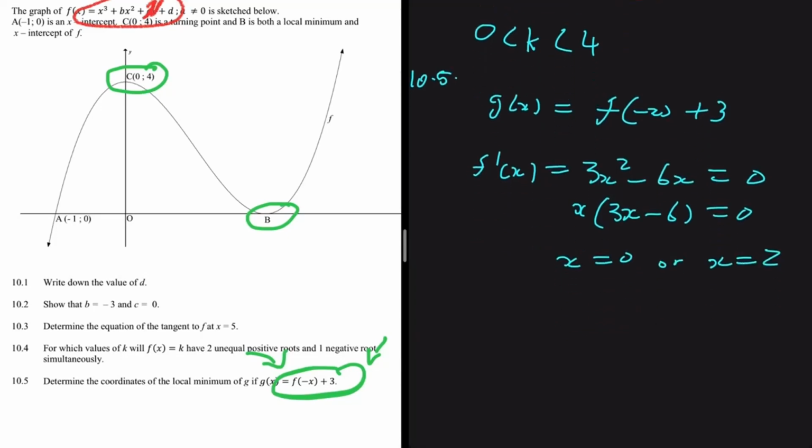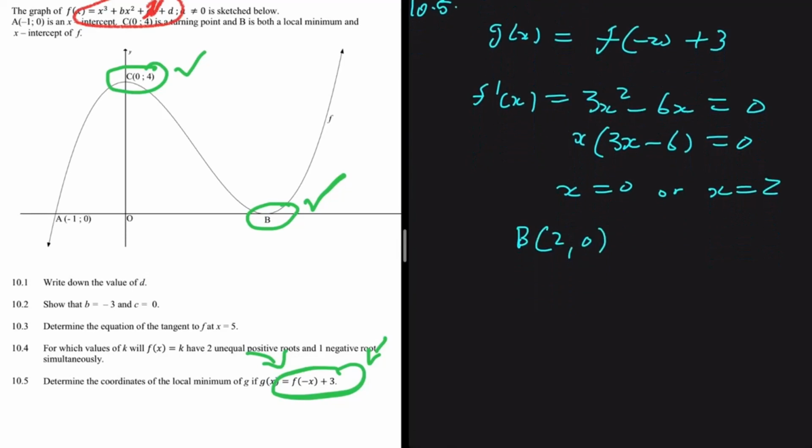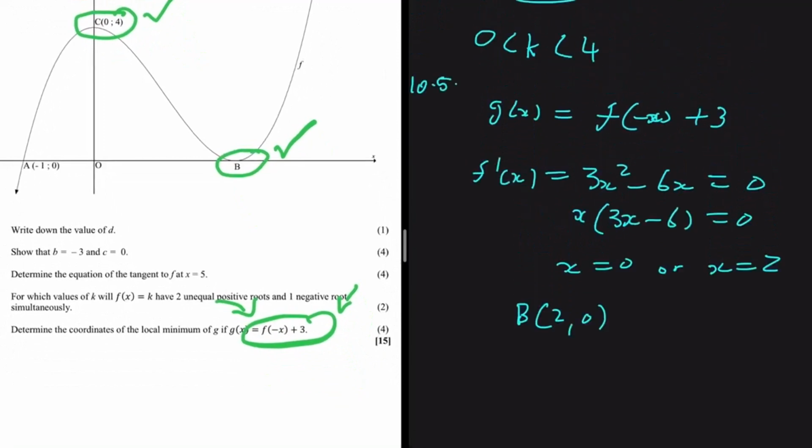You can see here at C that's where we have x is equal to 0, right? So at B, that's where we're going to have x is equal to 2. So the coordinates of B will be 2 and 0 because it is the x-intercept, right? So the corresponding y value is 0. So let's apply the transformation. g of x is equal to f of minus x. So instead of x, for g of x, we have minus x, right?